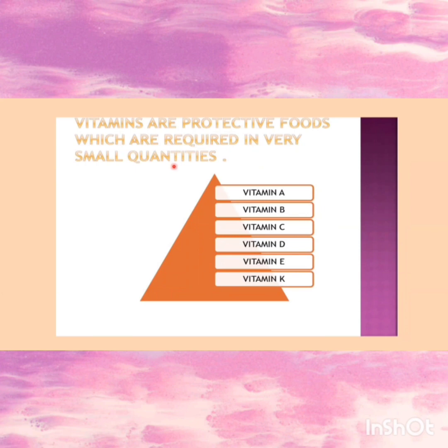So, vitamin A, vitamin B, vitamin C, vitamin D, vitamin E, and vitamin K. Here, vitamin B and C are the water soluble vitamins, and vitamin A, D, E, and K are fat soluble vitamins. Children, one more thing I would like to tell you, there is also a group of vitamins called vitamin B complex.